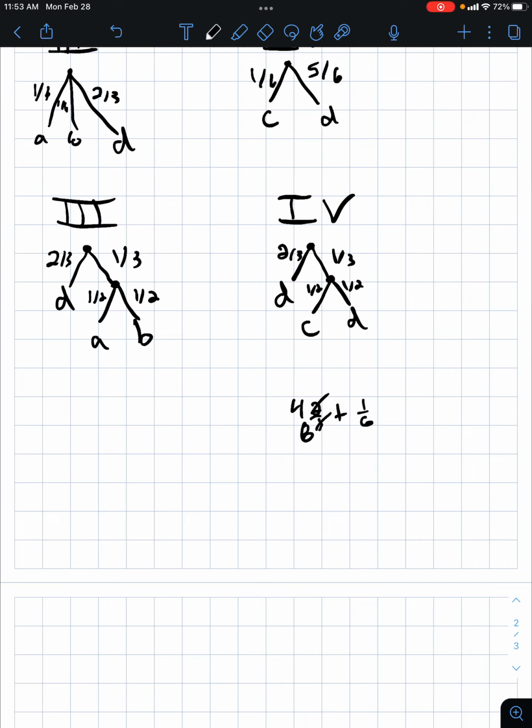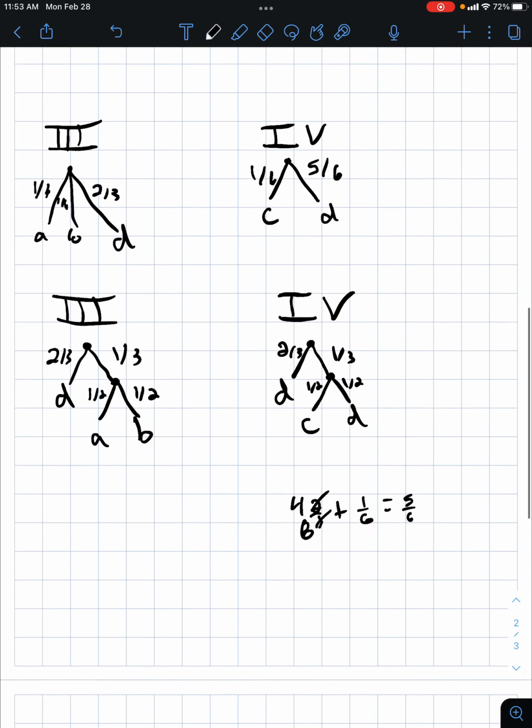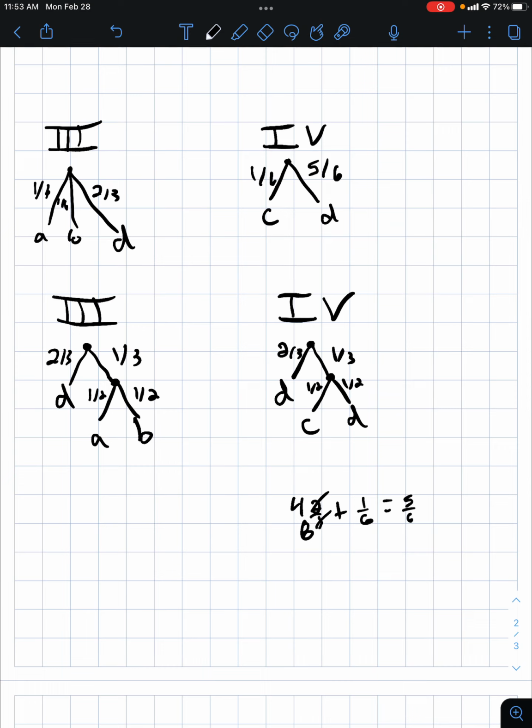Let's get the same common denominator so we can add them together. We get 5/6, which is D, so that's good. And then 1/3 times 1/2 is 1/6 for C. So this all makes sense. This all is the same.